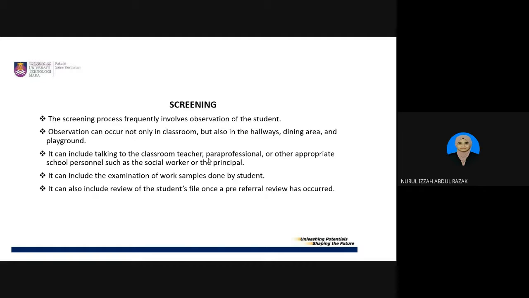Selain itu, screening process juga boleh includekan classroom teachers, other professionals such as the social worker or the principal that is involved with the child. Besides that, dalam screening ni kita boleh includekan another work sample that was done by the student in the class. And it also can include the review of the student's file once a peer reference review has occurred.